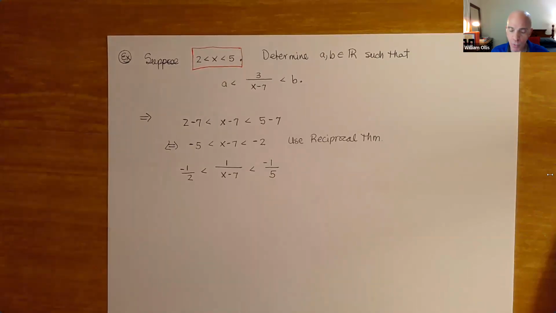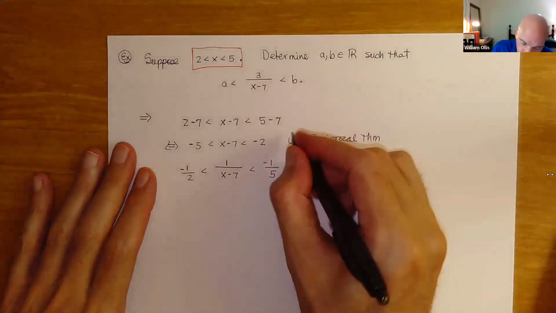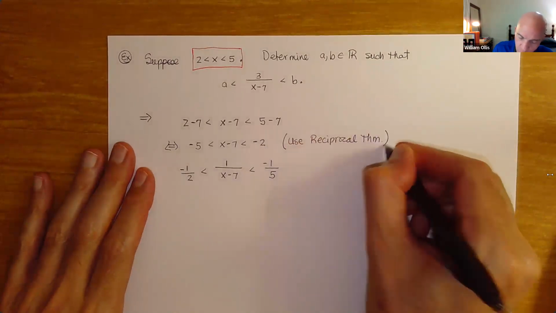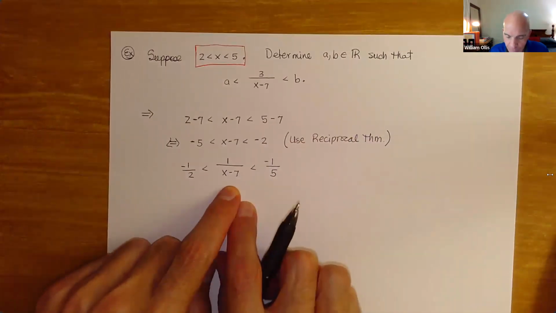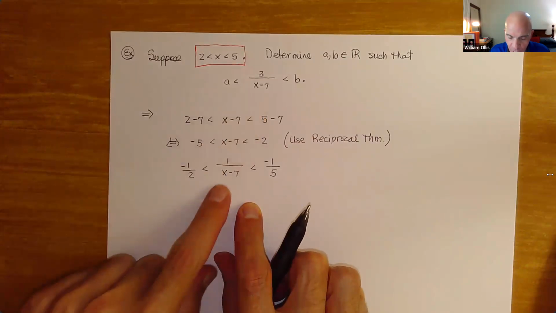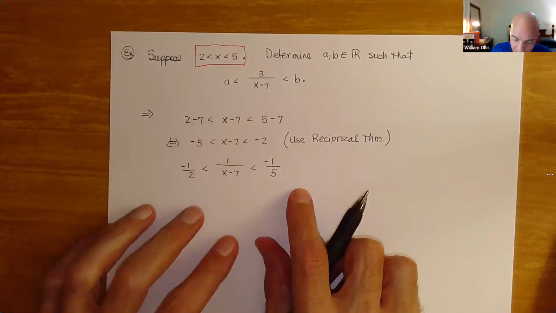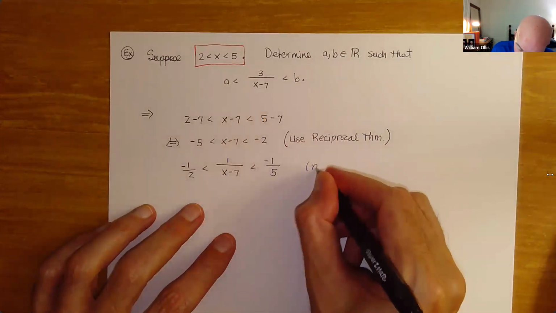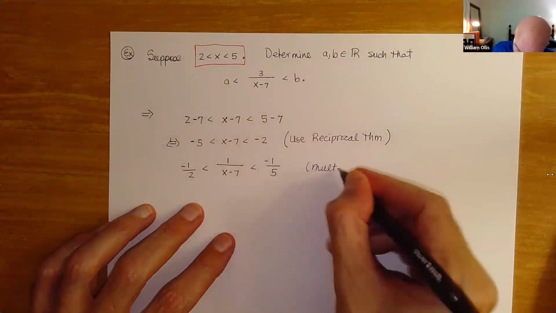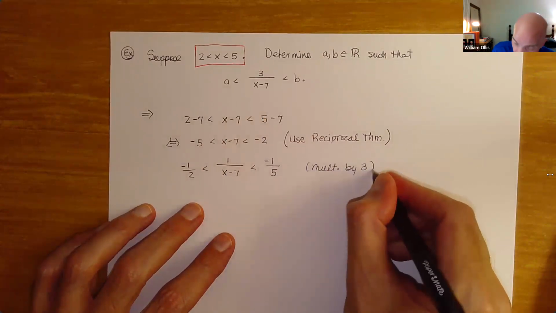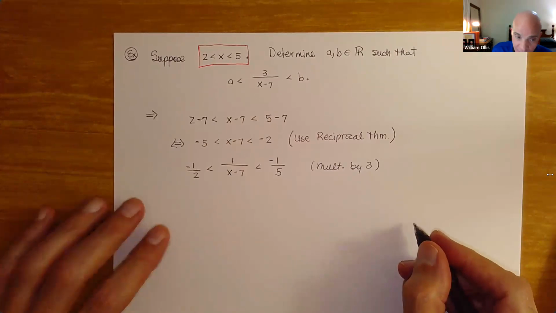Okay, so again, the reciprocal theorem is really useful. And now, if you compare this to this, the only thing you have to do at this point is multiply by 3. So I'll just write it out: multiply by 3. And that, of course, is a positive number, so that doesn't change anything.